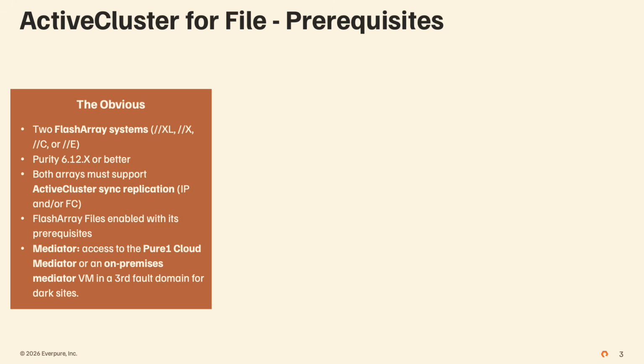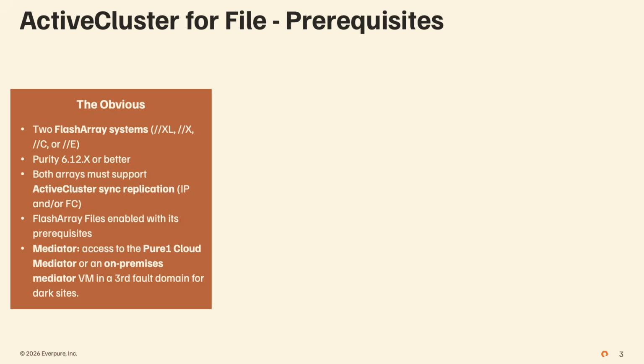You're going to need Purity 6.12.x or better, which is a feature release version of Purity itself. Both of your arrays obviously have to support ActiveCluster synchronous replication, either via IP or fiber channel. And they all have to be enabled with these prerequisites.